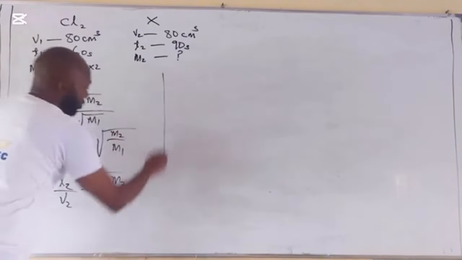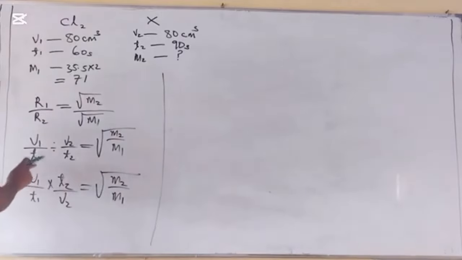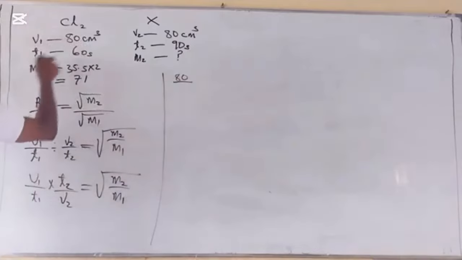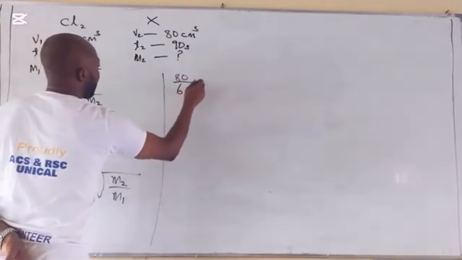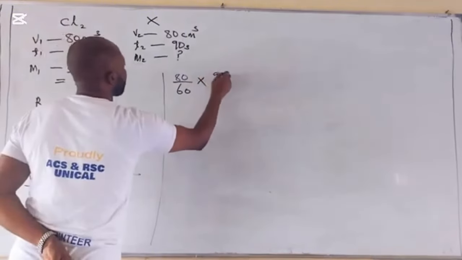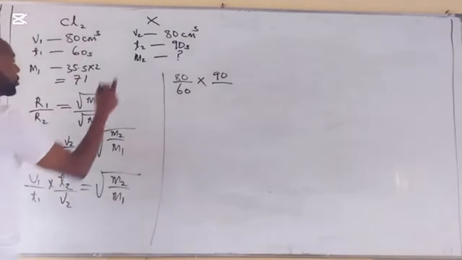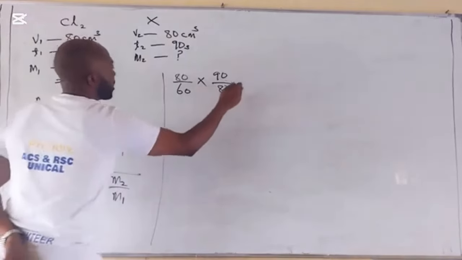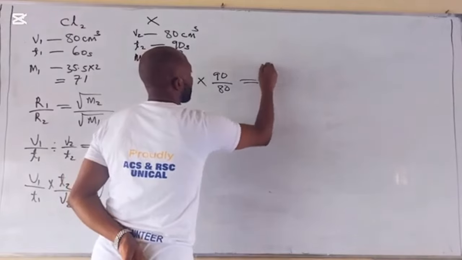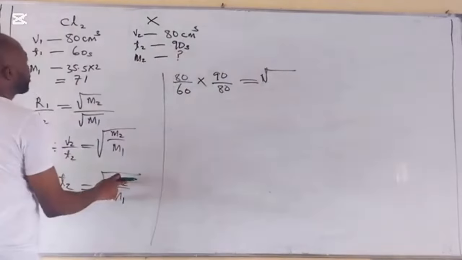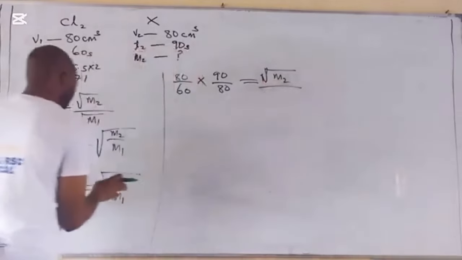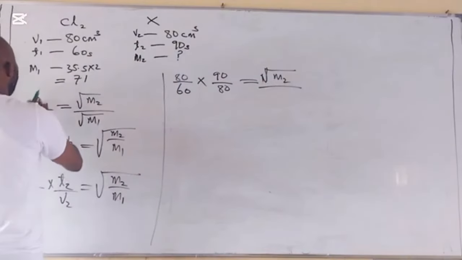Let's cross over here. V1 is 80, T1 is 60, times T2 is 90 over V2, which is also 80. This is equal to the root of M2, which is unknown, over M1, which is 71.